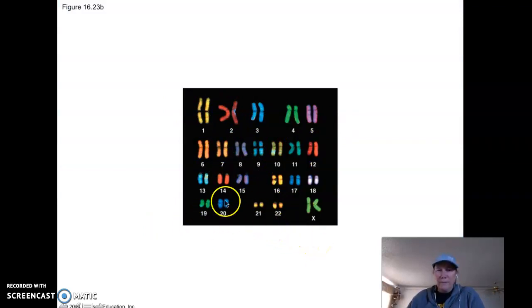Again, we have 22 pairs of autosomes, or body chromosomes, and this person only has an X. Weird. If you remember Turner syndrome, they're missing one of their chromosomes. I don't see the Y anywhere, and I don't see another X. So anyway, this is a karyotype. This is what your chromosomes would look like. And again, we are done with chapter 16.